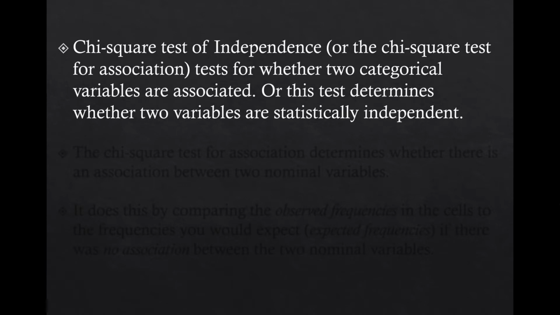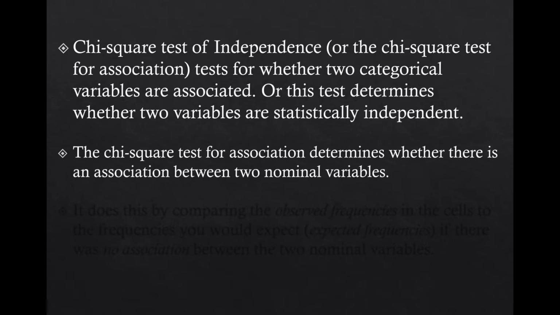The chi-square test of independence, also called the chi-square test for association, tests for whether two categorical variables are associated, or this test determines whether two variables are statistically independent. The chi-square test for association determines whether there is an association between two nominal variables.